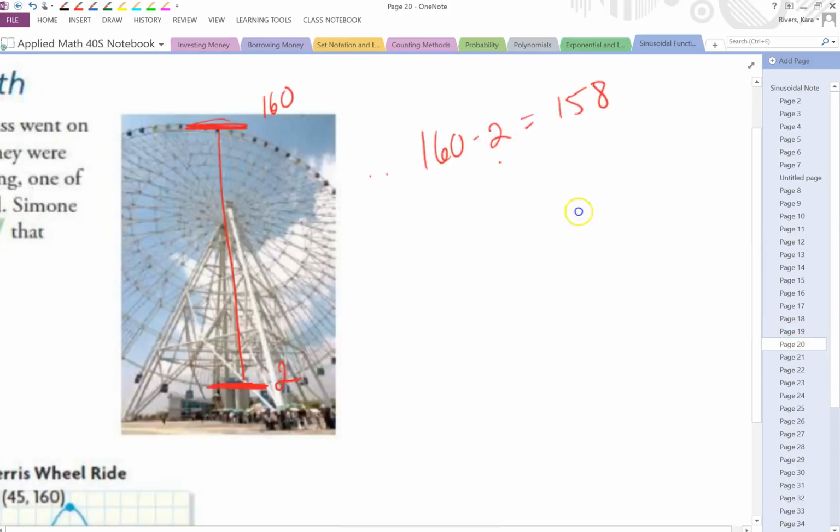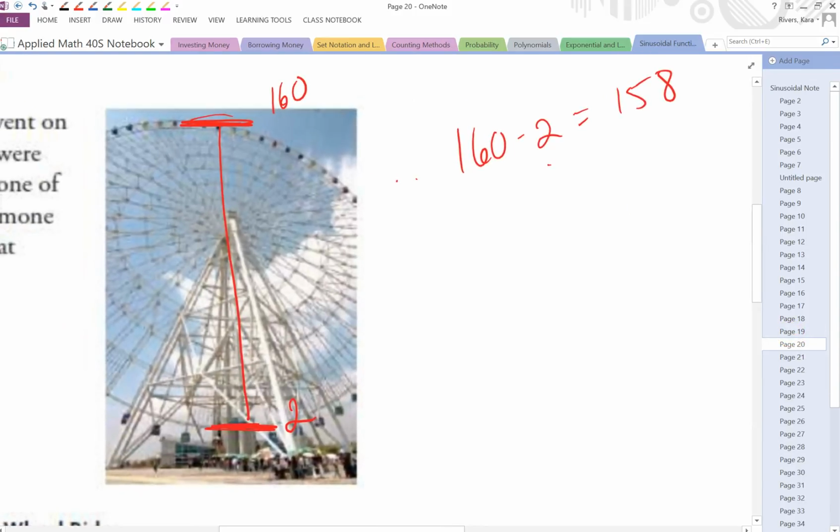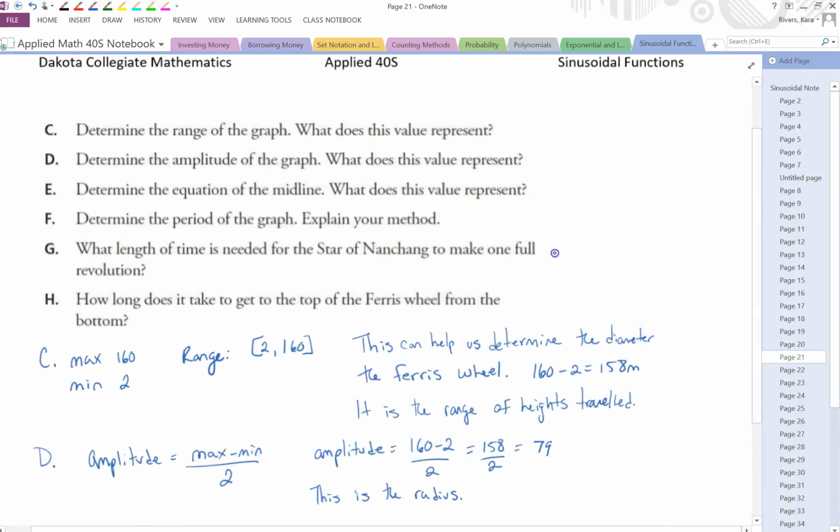So if we look here, right, 160 and 2, well, it's sort of hard to see, there's the center. And because it's on an angle, it's not exact, but that would mean that this would be 79 and this would be 79. So that's giving us the radius of our Ferris wheel. Okay?